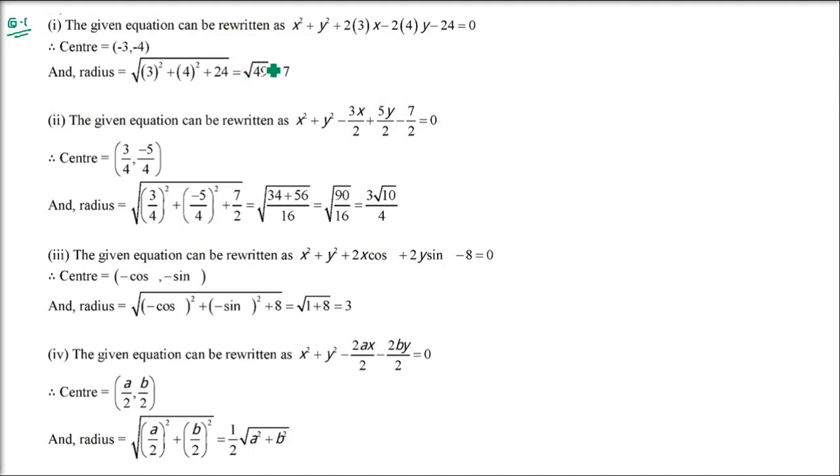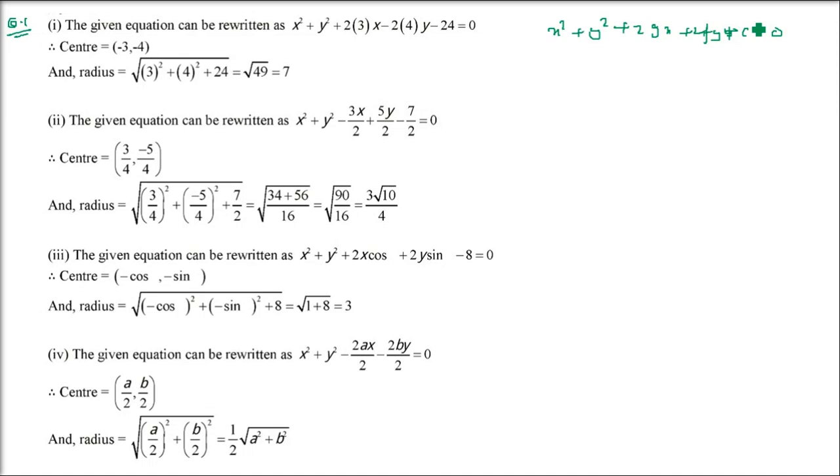the equation of the circle. We have to find the center and radius. Let me tell you that whenever we take the equation as x square plus y square plus 2gx plus 2fy plus c equals 0, the center will be minus g and minus f.